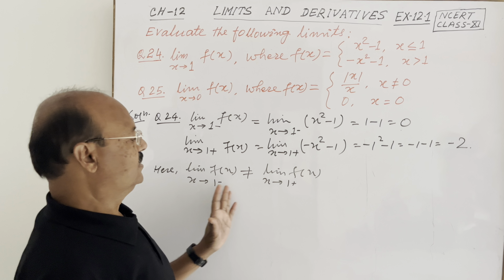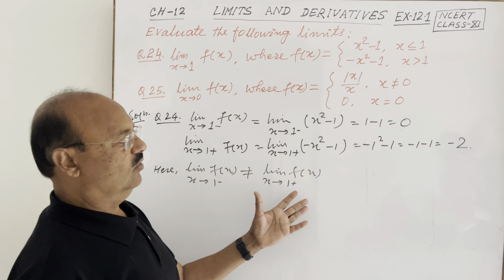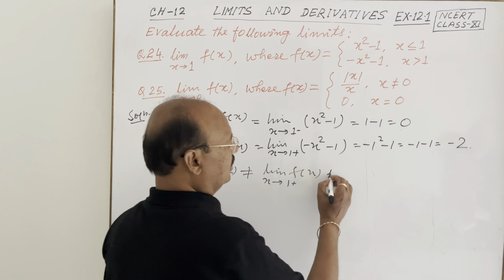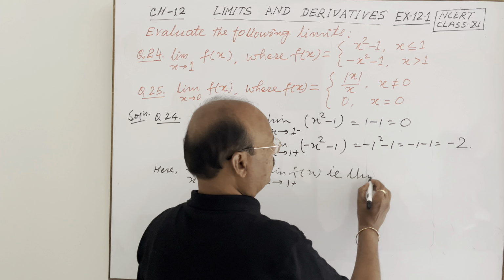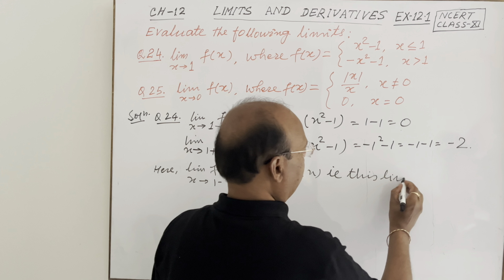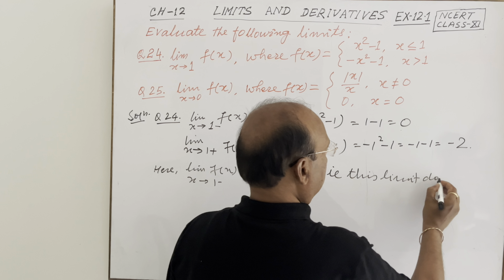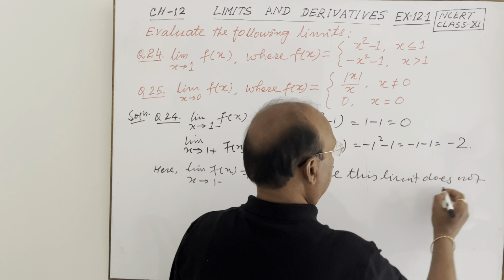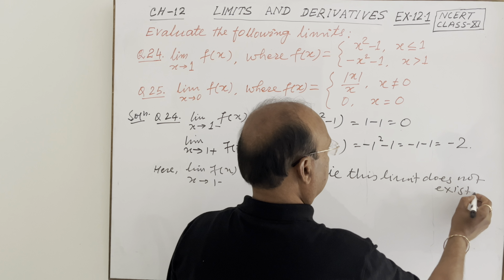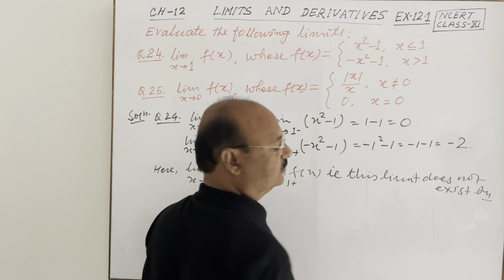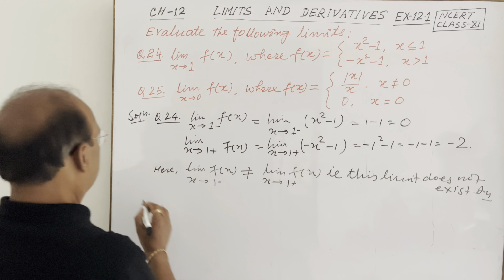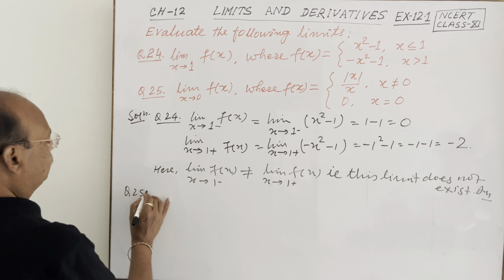So your limits in left hand and right hand are not equal, it means this limit does not exist. This limit does not exist. This is the answer. Clear? Now let us see question number 25.